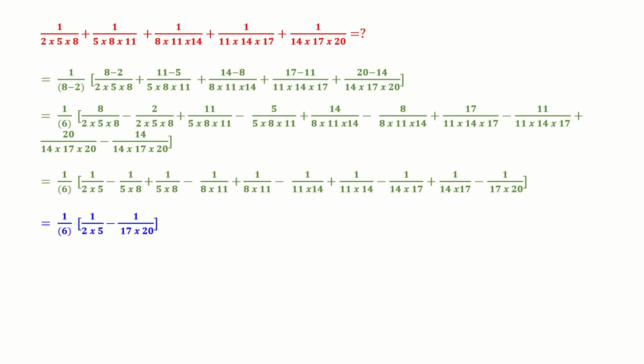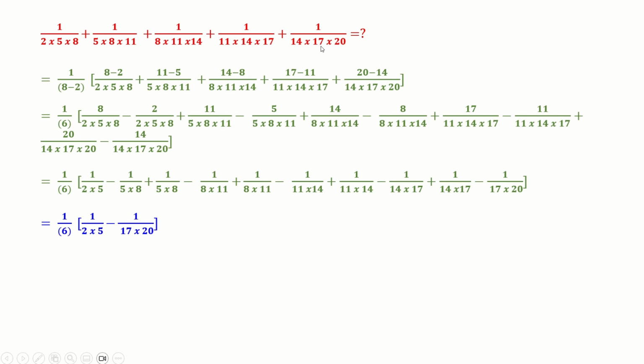Okay, so 1 by 6, here 6 is the difference, you should remember, because this is the trick for you to solve such series in multiple choice questions. And the first term is 1 by 2 into 5. You take the product of only two numbers in the denominator, that is the two least numbers. You ignore the 8 in the first term. And the last one, minus 1 by 17 into 20.